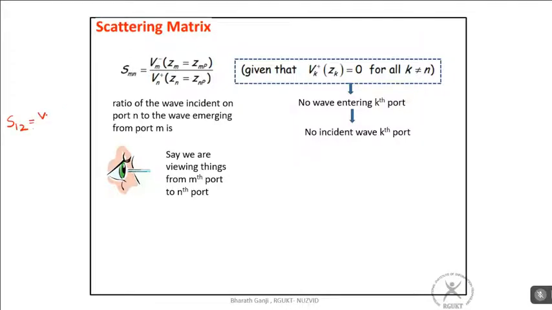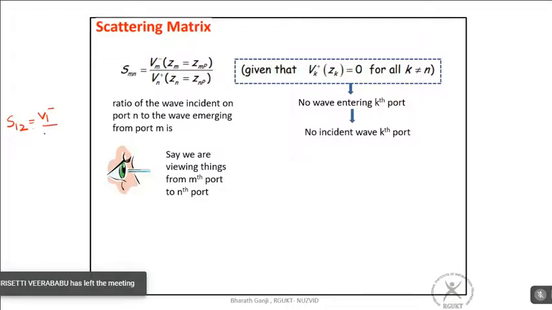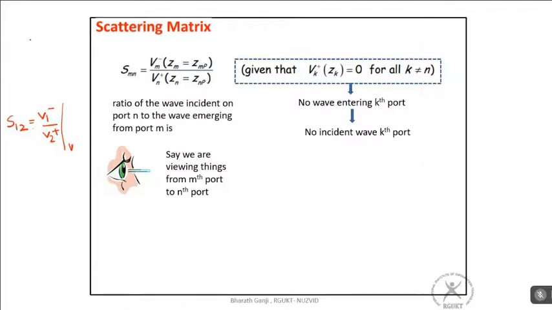S12 అంటే ఏంటంటే V1 minus బై V2 plus అని వస్తుంది. Of course, say for example we'll take a 3-port network. 3 ports ఉన్నాయి అనుకుందాం దీనికి. So with V1 plus equal to 0 and V3 plus equal to 0.